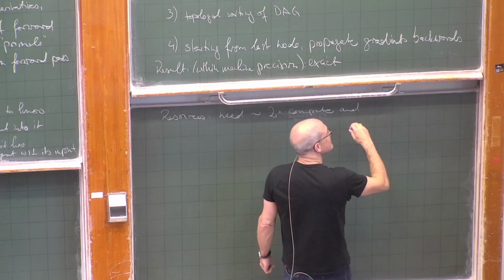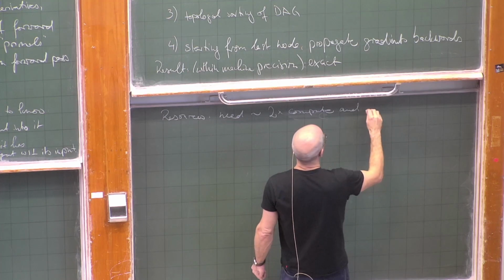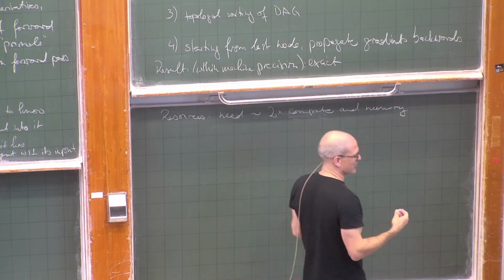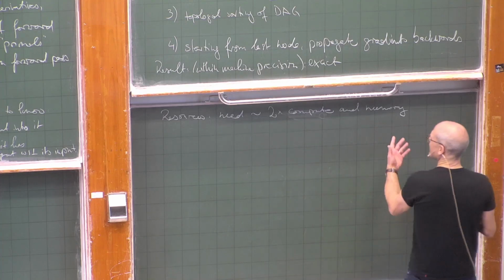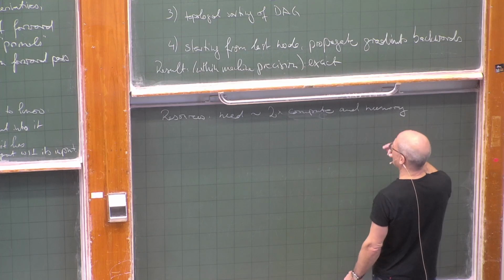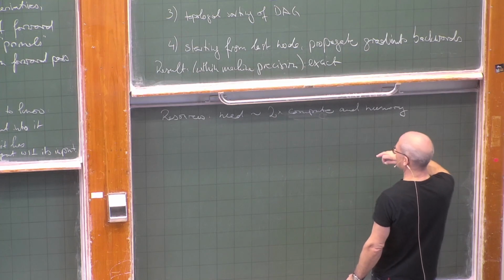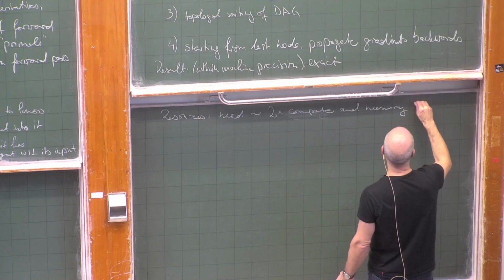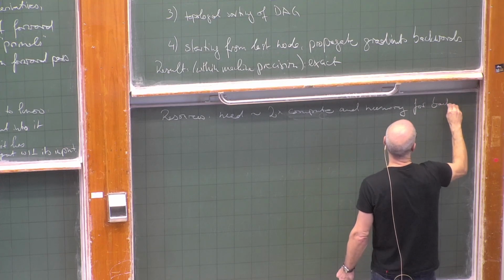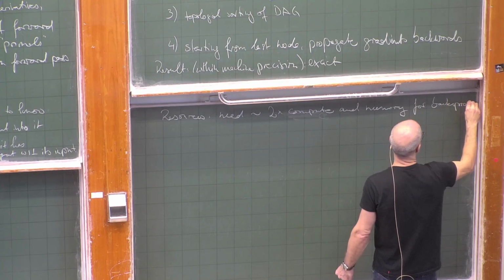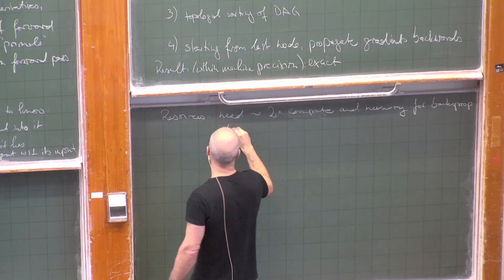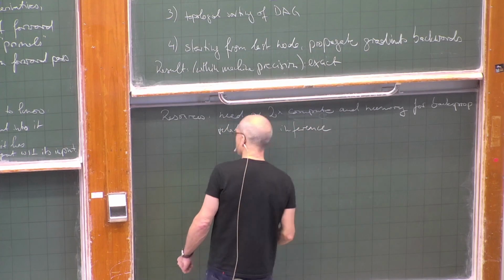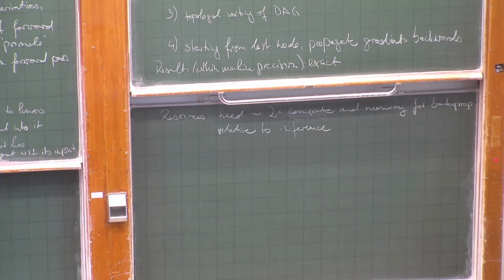One part of the memory is needed to store the parameters, and we need around that amount of memory also for the primals. So we need approximately twice the compute and memory for backprop, relative to inference, when we just run our neural network with a fixed set of parameters for a given input.